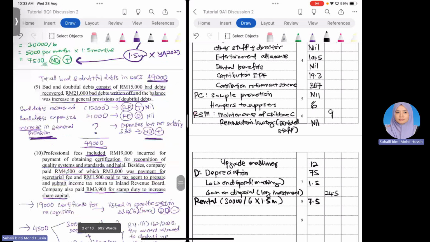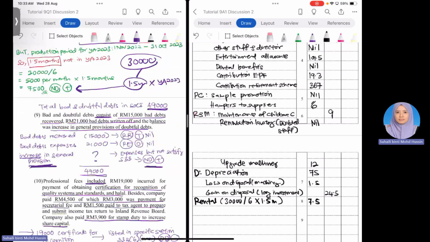This is the amount given in the SOCI, 49,000 ringgit. From this, you record a bad debt recovered 15,000, bad debt expenses 21,000 ringgit, and the balance is for the increase in general provision. So you have to find the amount of the increase in general provision.